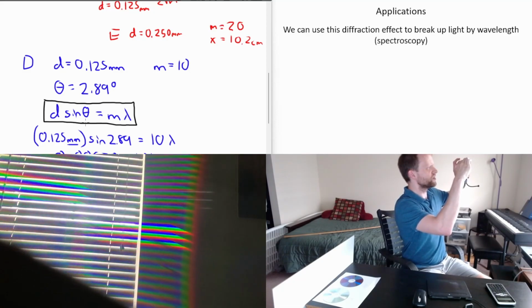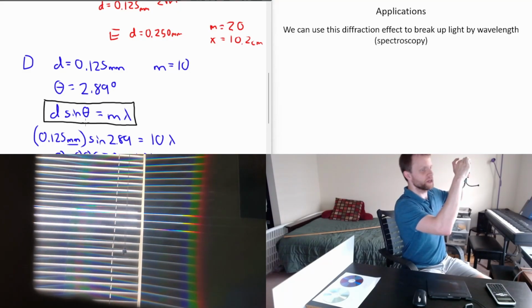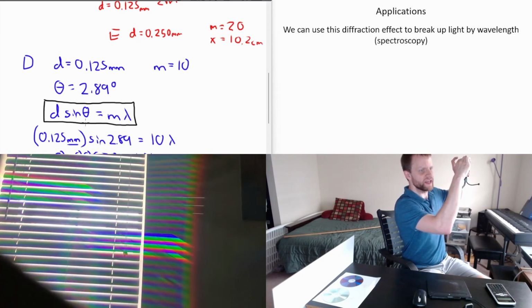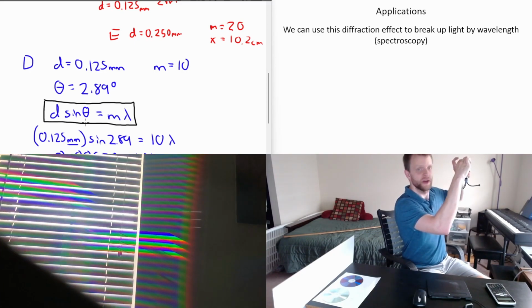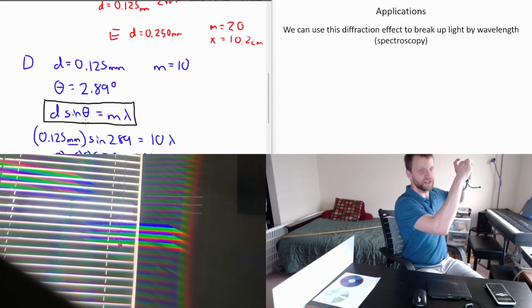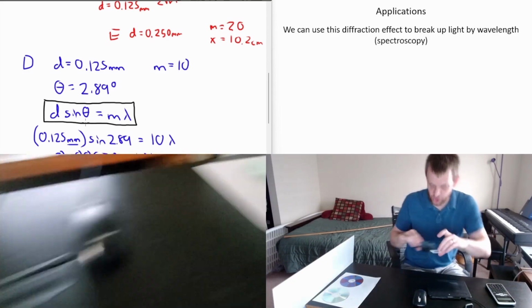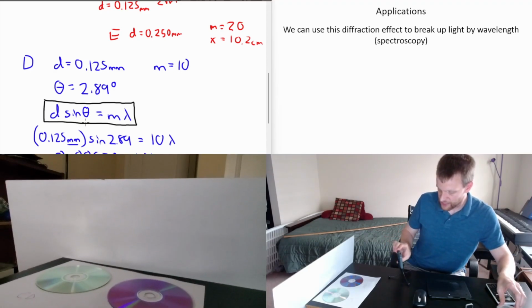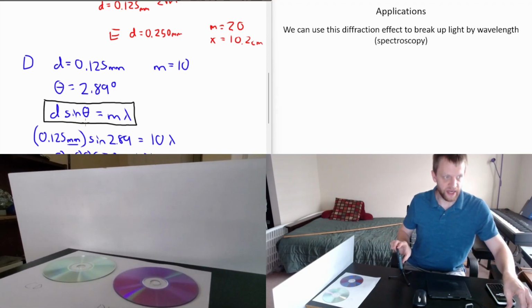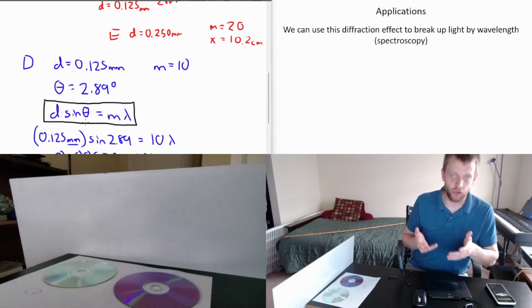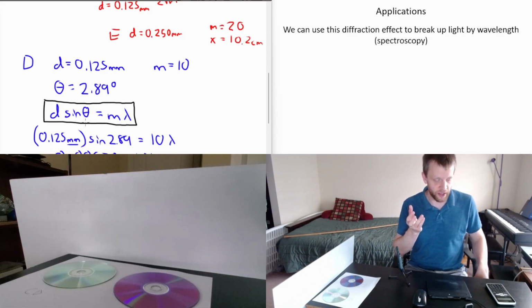We can notice that it's able to take the white light coming through the windows and break it into its constituent wavelengths. This is the basis for spectroscopy, a hugely applicable area of chemistry where we can identify chemicals by the different spectra that they produce, and identify the properties of those materials.